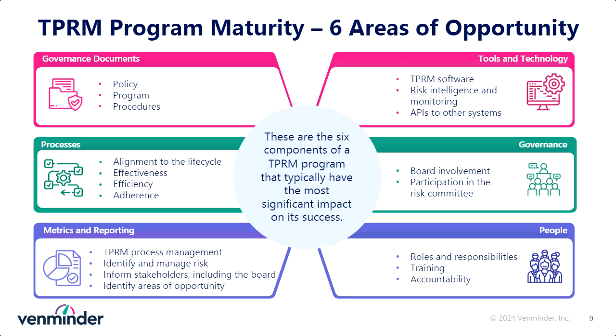So from your framework perspective, those components include your governance documents, your processes, your metrics and reporting, and your tools and technology. But in a broader sense, we also have to consider governance and the people or the stakeholders involved, because they really do influence how successful your program is.